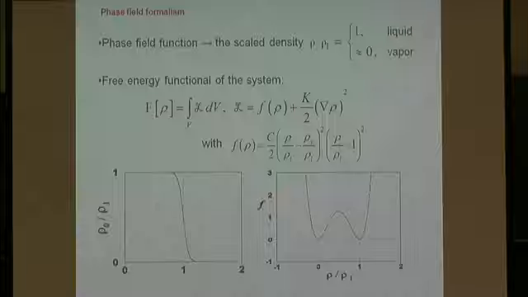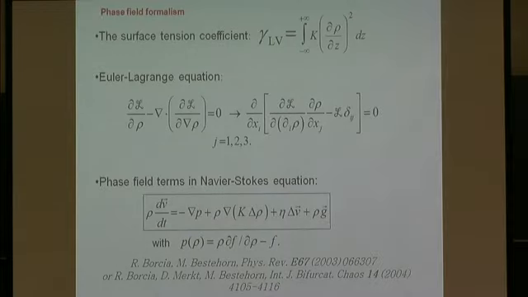The second term in the free energy functional describes the contribution of the interfacial energy. This K is a parameter which can be controlled in our simulations, and this term integrated through the interface will give the information about the surface tension coefficient.